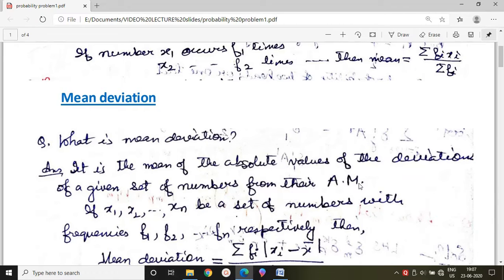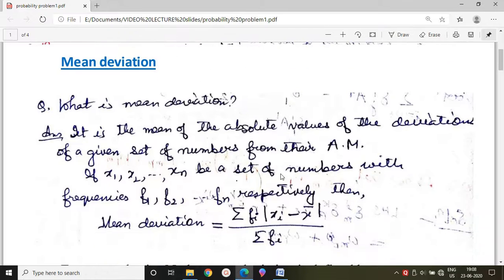A here represents the arithmetic mean. As you see, it clearly indicates that first you have to find the absolute values of deviations from the arithmetic mean, and then you take the average of those absolute values of deviation.